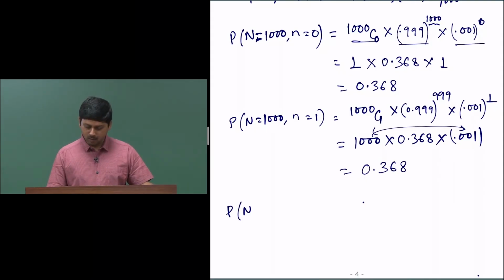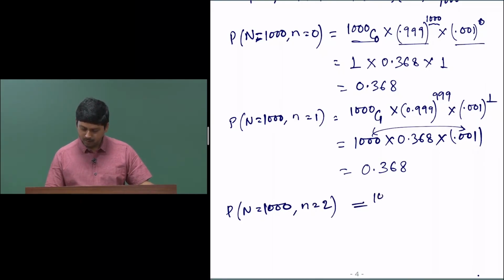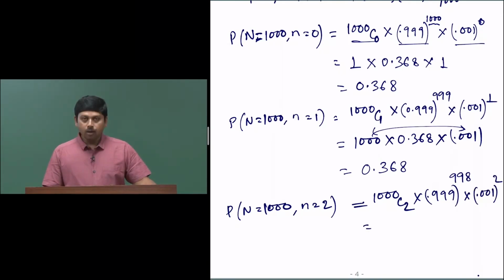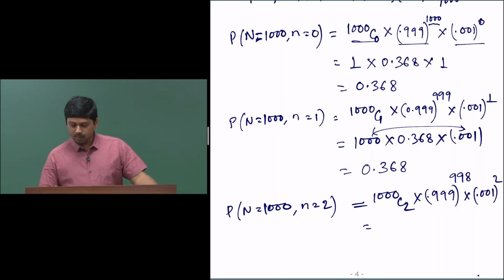Now, let us see the next one, N equal to 1000 and n equal to 2. That is going to give us 1000 C 2 multiplied by 0.999 to the power 998 into 0.001 to the power 2. What is 1000 C 2? Let us do the complete calculation in the calculator. 1000 C 2 we will do by hand, because the calculator may not work.